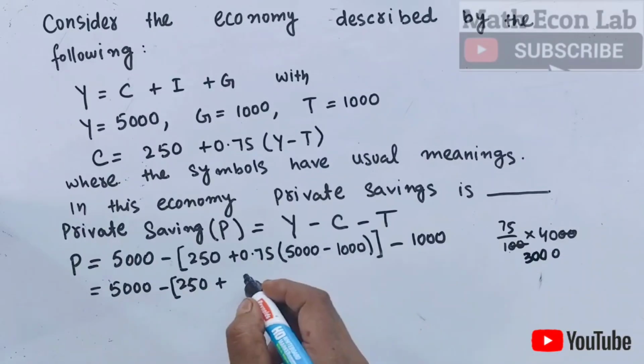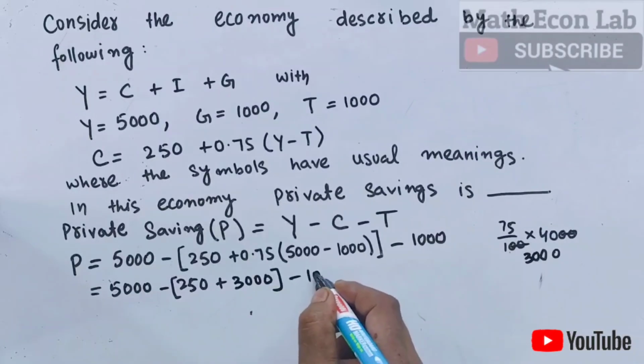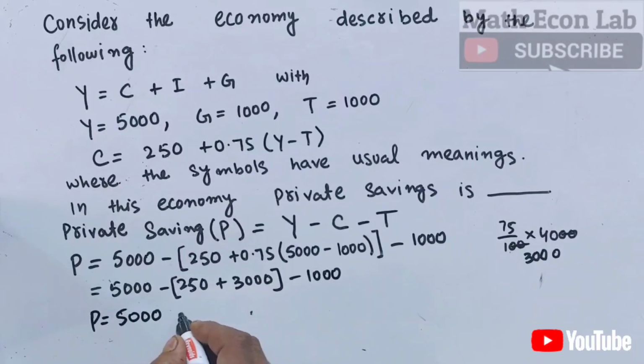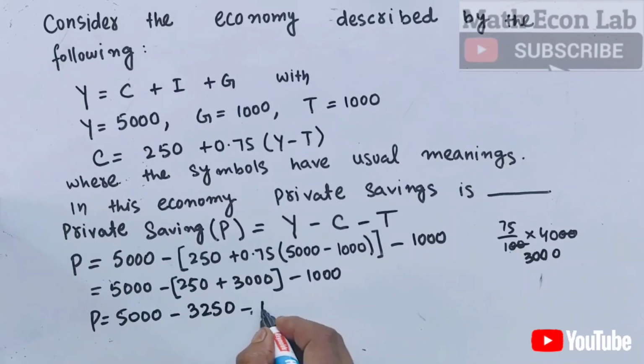So this term becomes 3,000. To this we subtract 1,000. That gives us private savings equal to 5,000 minus, then we have 3,000 plus 250, so it becomes 3,250. To this we subtract 1,000.